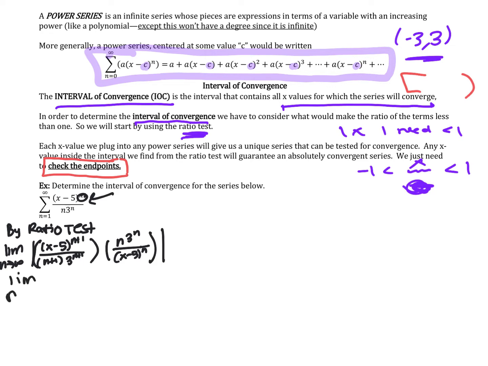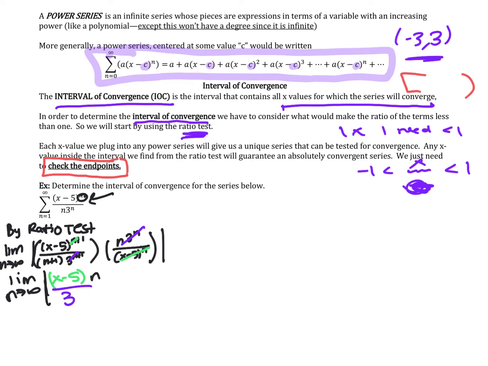So if we simplify this, this is going to be the limit as n goes to infinity of the absolute value of, well, this x minus 5 to the power of n and this x minus 5 to the power of n are going to go away. So we just have x minus 5 to the first power in the numerator here. This 3 to the n and 3 to the n plus 1 is going to leave us with just a 3 in the denominator.